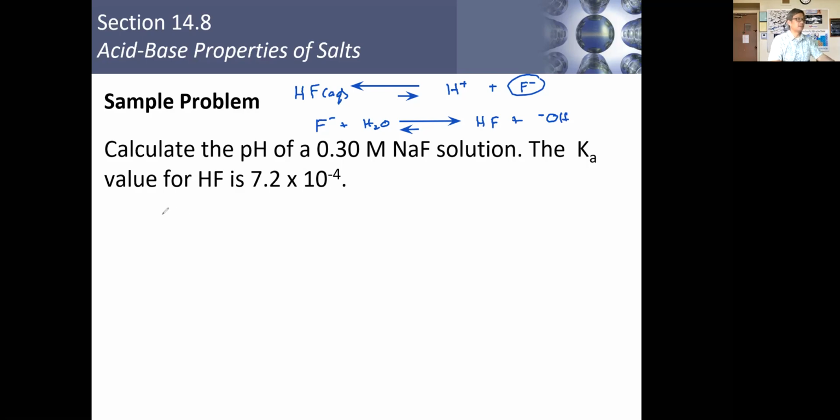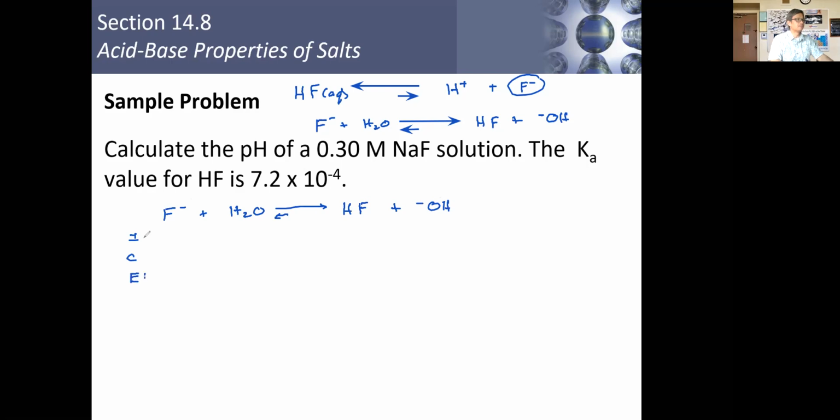Let's go ahead and write that down here. Fluoride ion, water, heading to the left, a little bit to the right, HF, and hydroxide. Okay, so we need that. We're going to set up the ice table in order to solve for that.